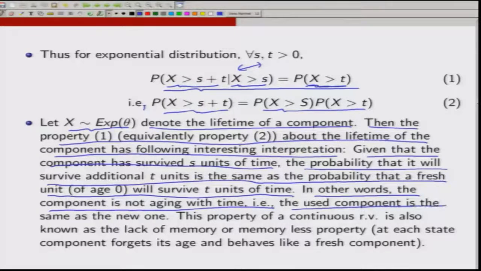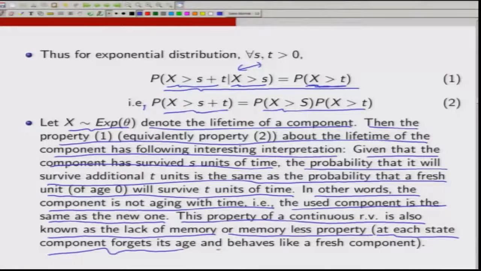Or in other words, the used component is the same as the new one. So the component is not aging. Now this property of a continuous random variable is also known as the lack of memory or memoryless property. So exponential distribution has the memoryless property. And why is it called a memoryless property? Because at each state the component forgets its age and behaves like a fresh component. So it is in this sense that it has the memoryless property.